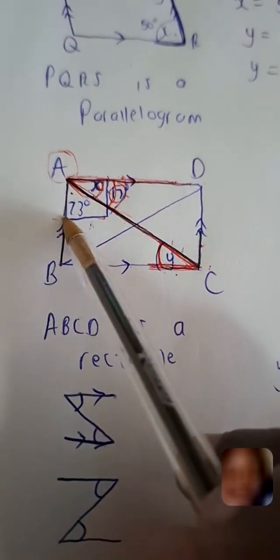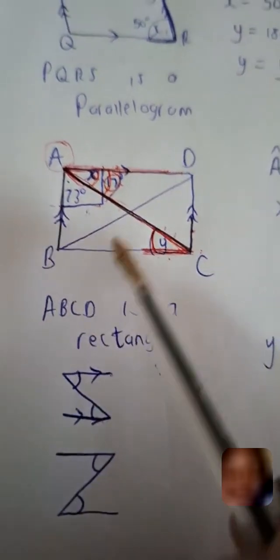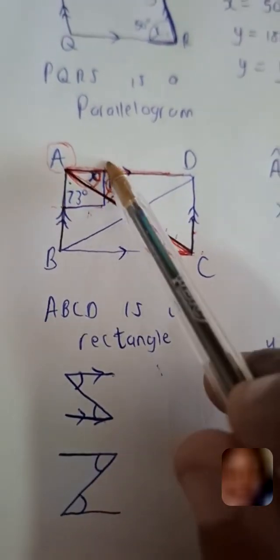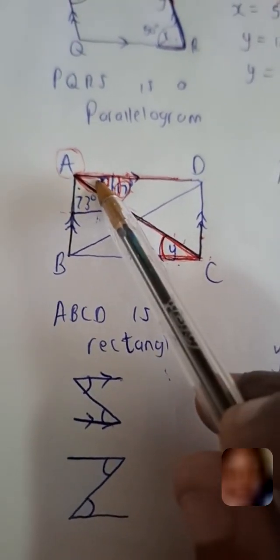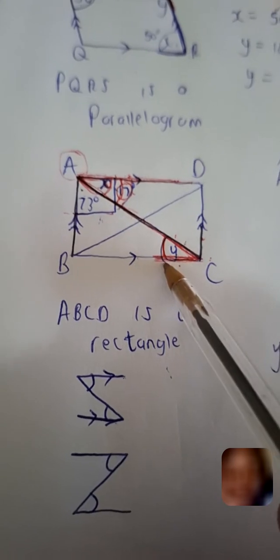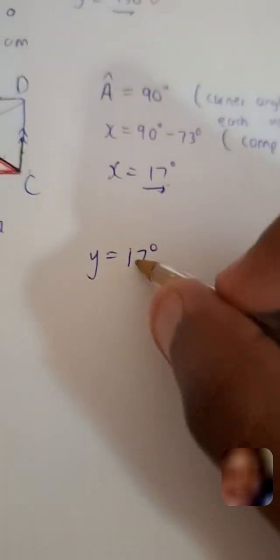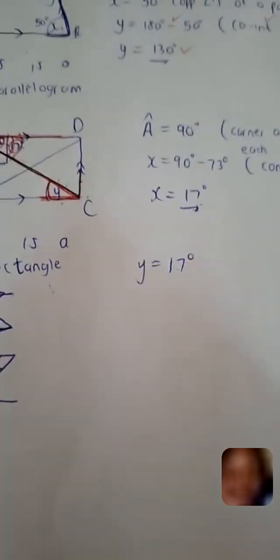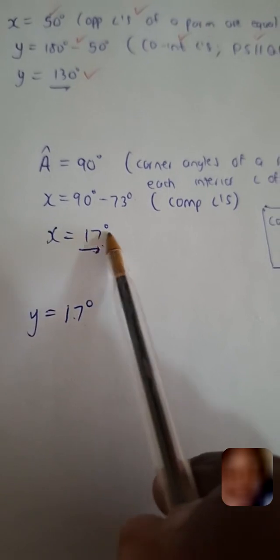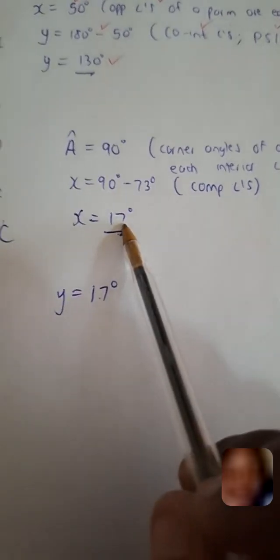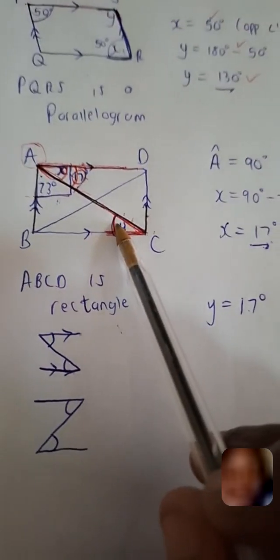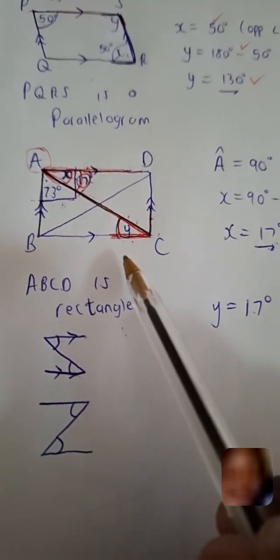You can see the double arrows. So that means these angles, 17 degrees, which stands for X, and this Y value, those two angles are equal. So Y is equal to 17 degrees. That's why it was important for us to first find X, then we could state what Y is.